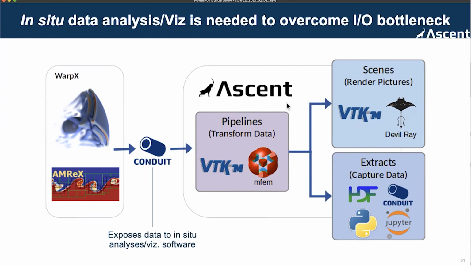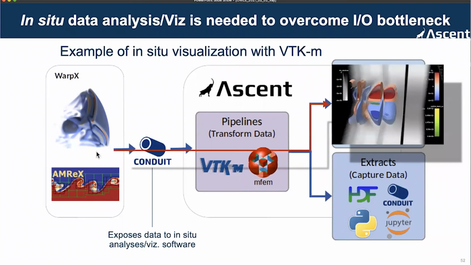Ascent is a library that basically enables the use of this data that's been exposed by Conduit from various tools. One of them is VTK-m for visualization, but then you can also expose your data to Python or Jupyter Notebook and do some analysis with them. So we'll show you an example of using this path for doing some in situ visualization.